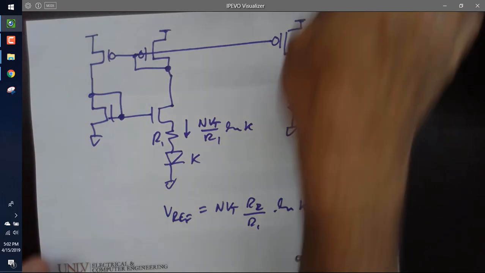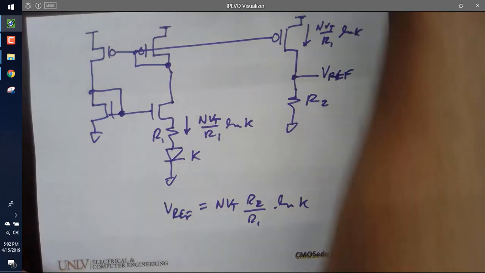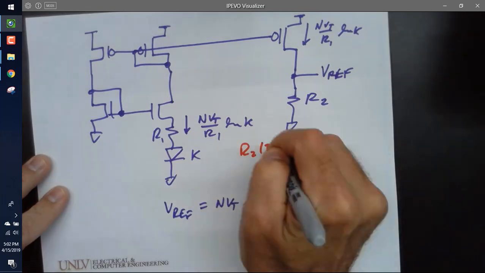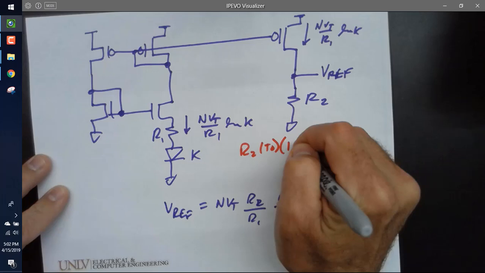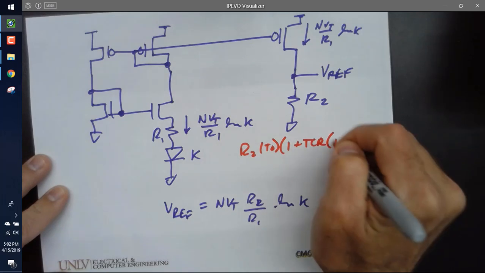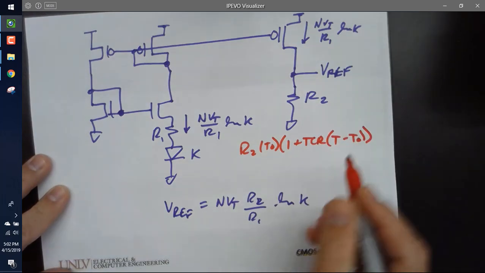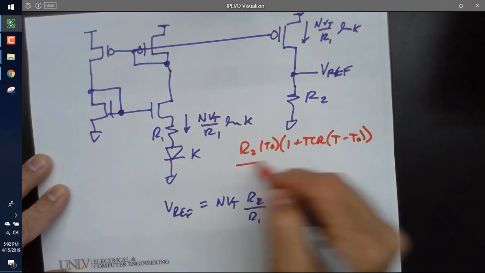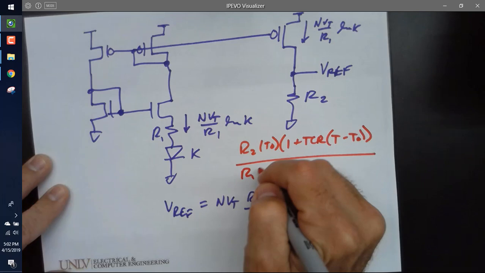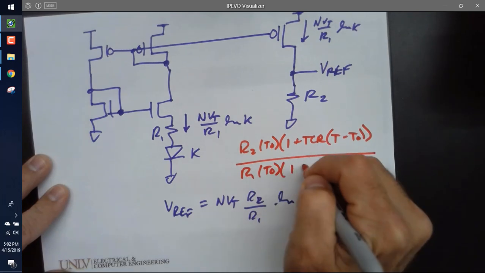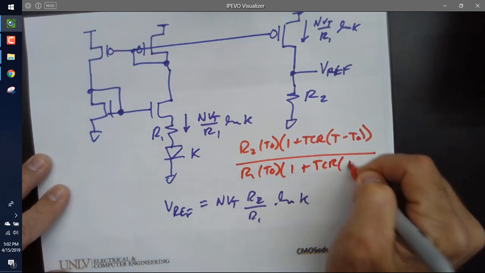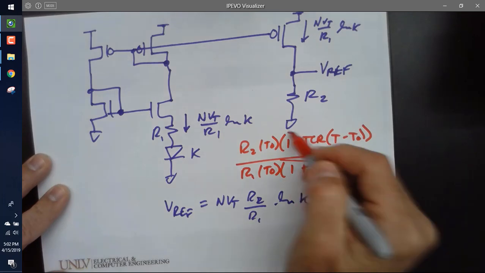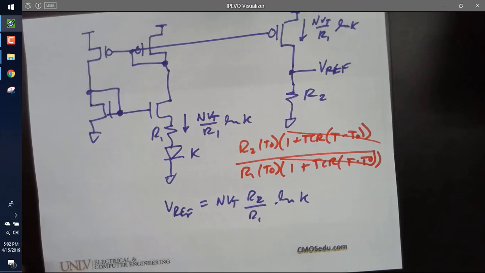And just so you understand that, or you agree with that, you could write these more precisely as R2 of T0 times 1 plus TCR times T minus T0. Notice the TCR is for the material. It's not for the particular value of resistor that you have. All over R1 of T0 times 1 plus TCR times T minus T0. And in that case, those divide out and you're just left with the resistor values.